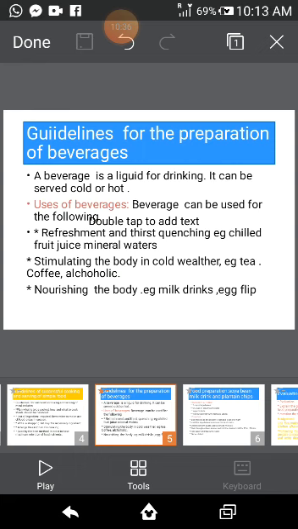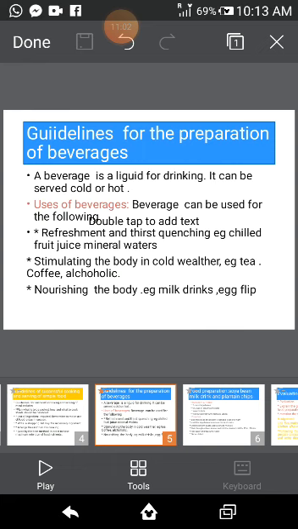Our beverages can be used either as your refreshment drink, which is the ones we use in quenching our thirst, such as your chilled juice, your minerals, chilled water.